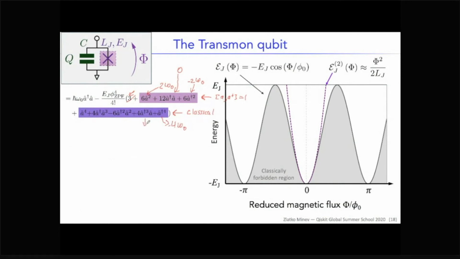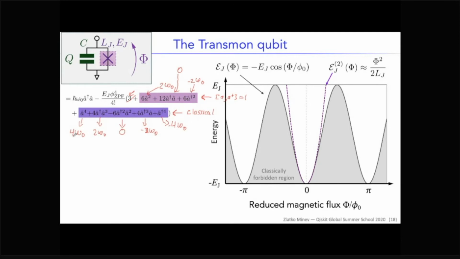This term will oscillate at negative 3 omega naught, 2 omega naught. This term here will oscillate at no frequency. In other words, it doesn't oscillate. It's a stationary term. And of course, this term will oscillate at 2 omega naught, and this term at just 4 omega naught.